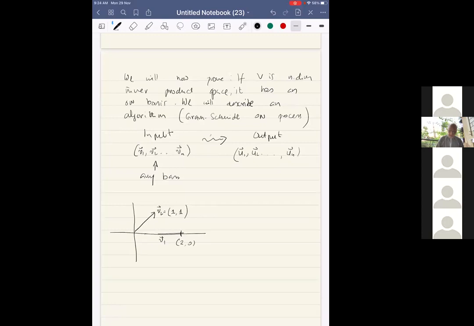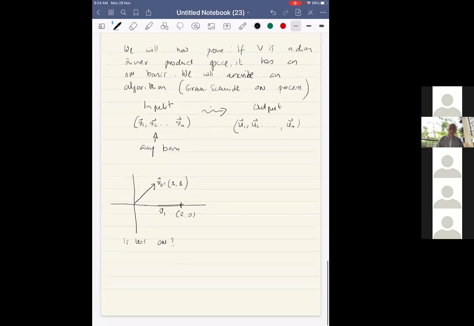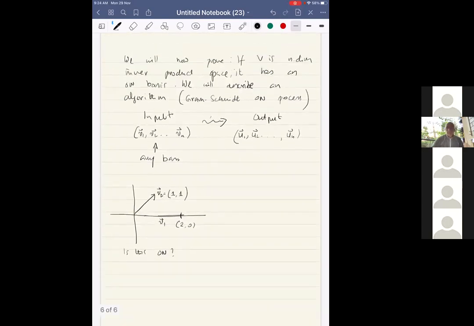Okay. So is this an orthonormal basis for the standard inner product? No, sir. Why is it not orthonormal? So the inner product is not 0 and the norm is also not 1.